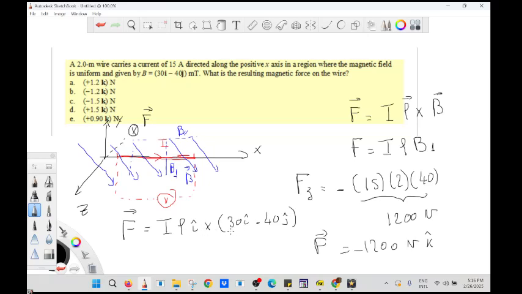Cross here will be 0, so F will be I, L times minus 40. And I hat cross J hat is going to be K hat. Okay?